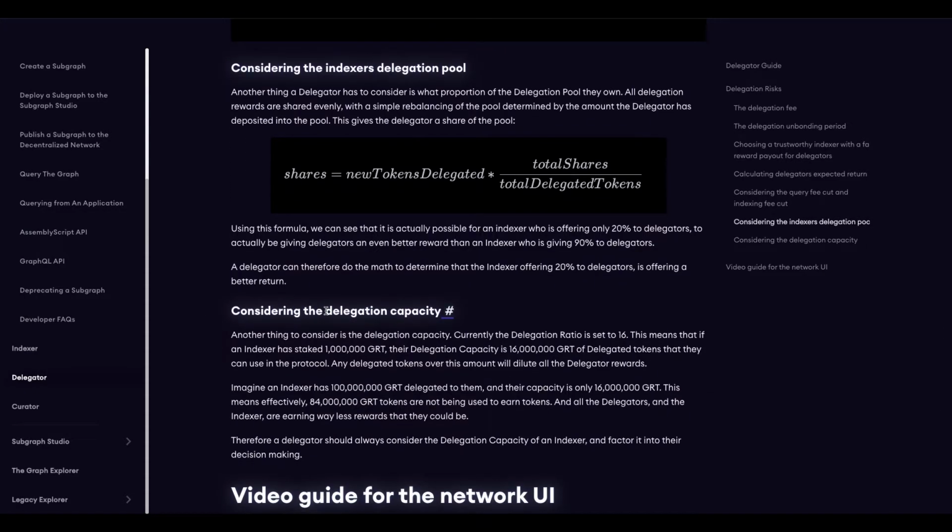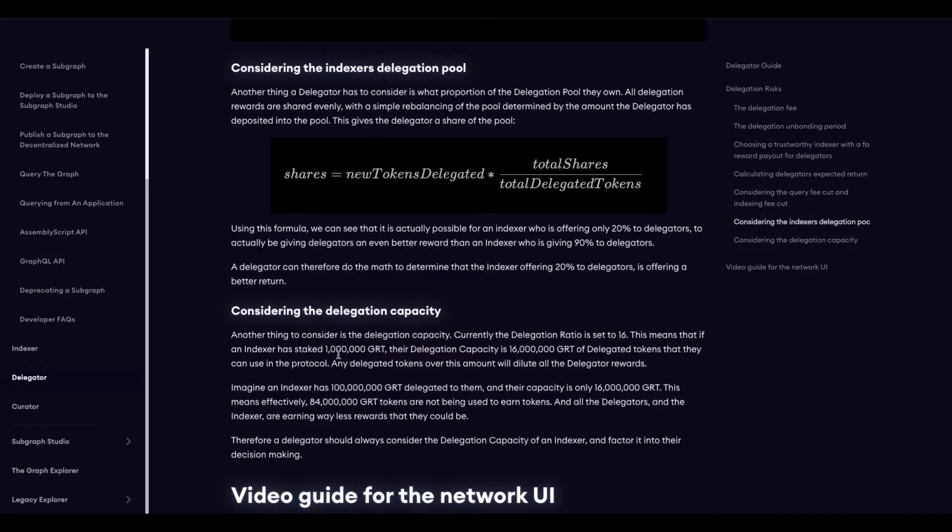Also, there's delegation capacity. You want to make sure your indexer isn't over-delegated. An indexer, I forgot to mention, had to stake a minimum of 100k GRT, I believe, to become an indexer.